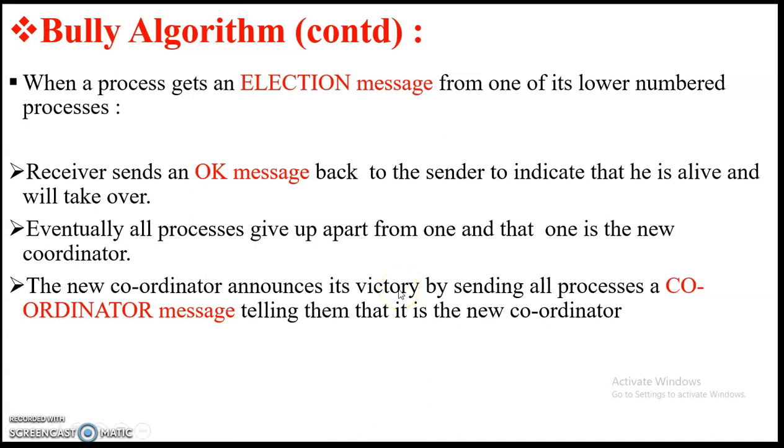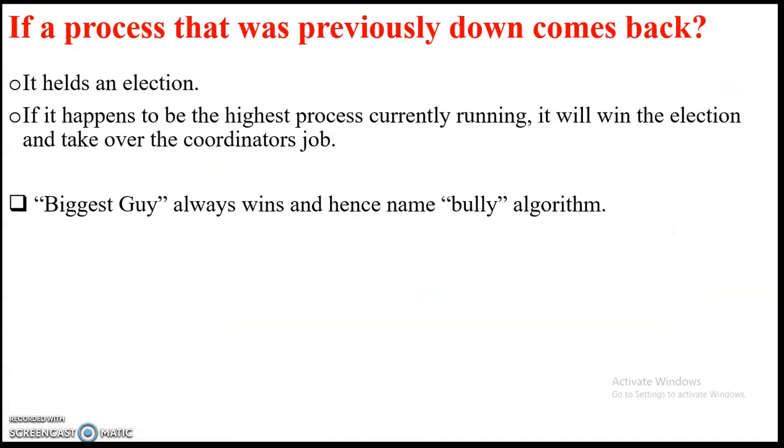Let's say a process that was previously down comes back. In our illustration, if process 8, which had earlier crashed, now comes back, what will happen? It will hold an election. If that process, here 8, is the highest process which is currently running, then it will win the election and be elected as the new coordinator.